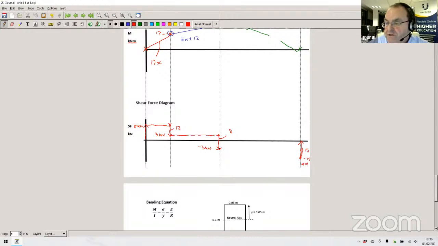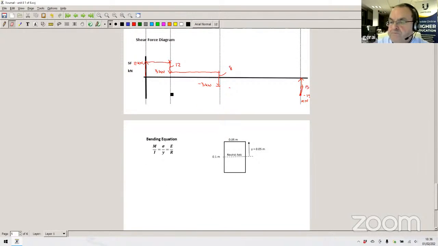Let's see if we can draw a better line this time. No, not having much luck tonight, I'm afraid. So we're nearly finished with this part of the question. Let's scroll up a little bit, and we're going to join those two together.